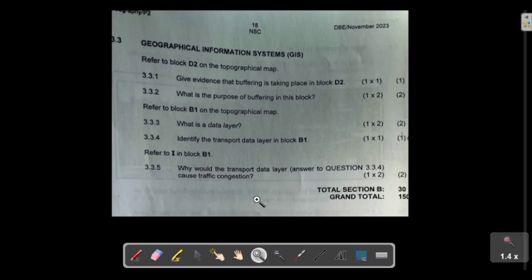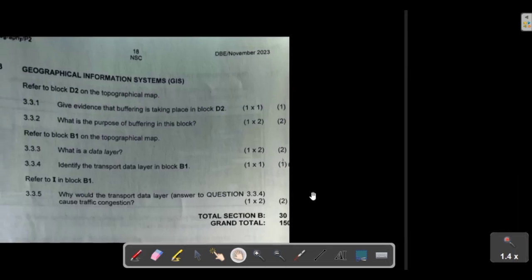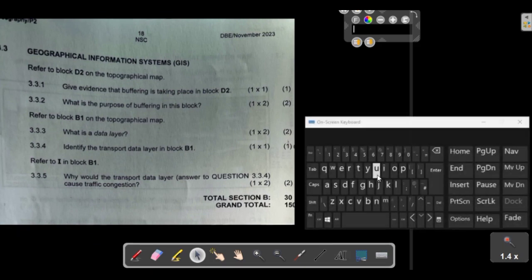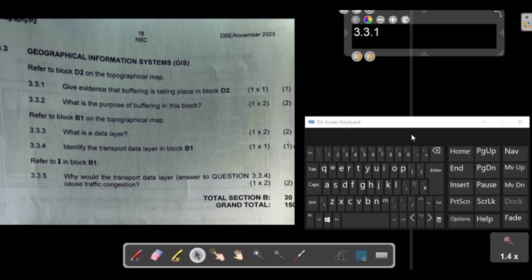We have one last question, 3.3, which is GIS. So that's 3.3.1. Refer to block D2 on the topographical map.